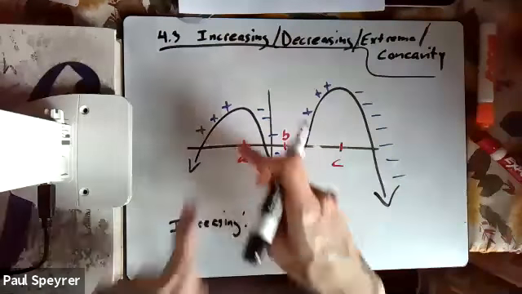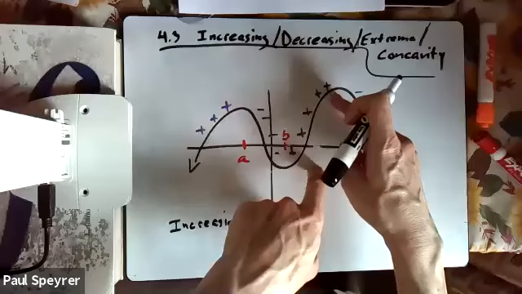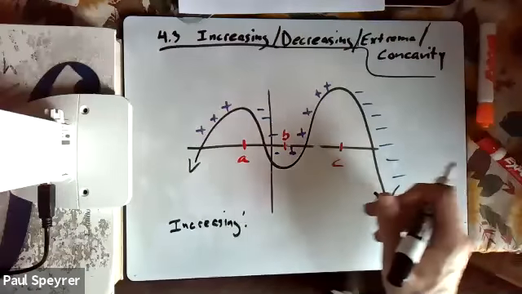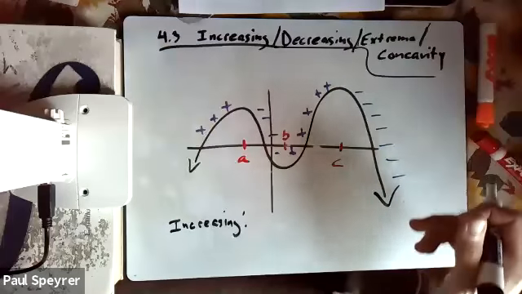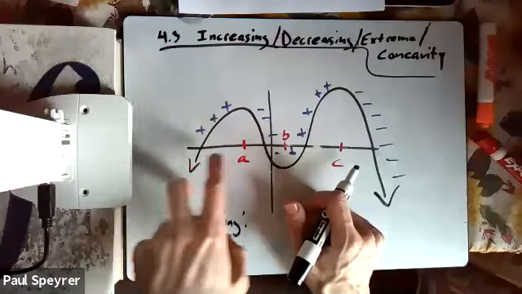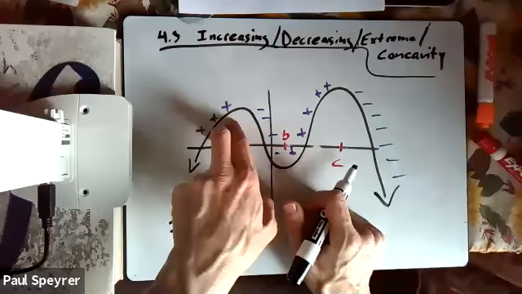So as far as increasing, we have a couple little regions. You always start with the smallest region, or the ones with the smaller numbers. So we have to start with this first region right here. How do we represent this chunk in terms of increasing?